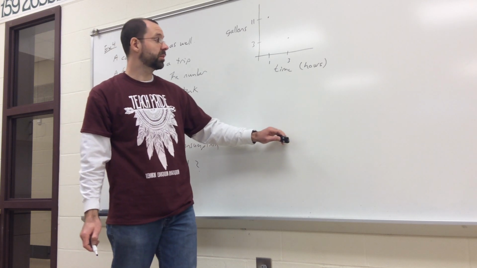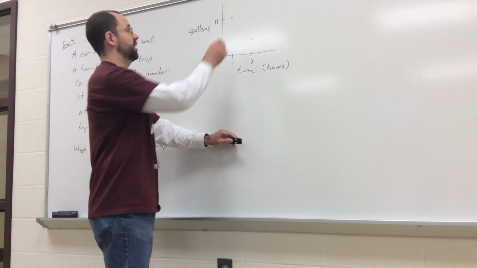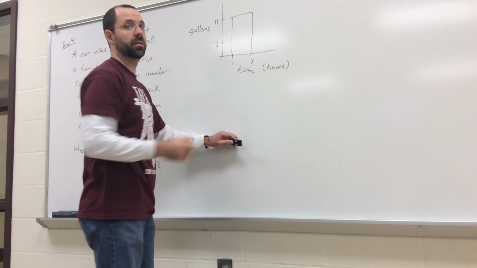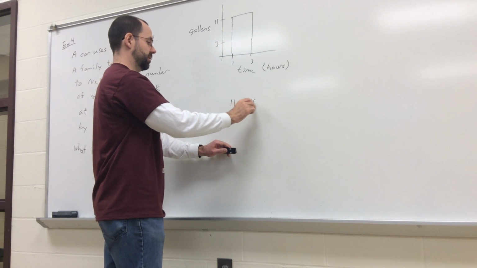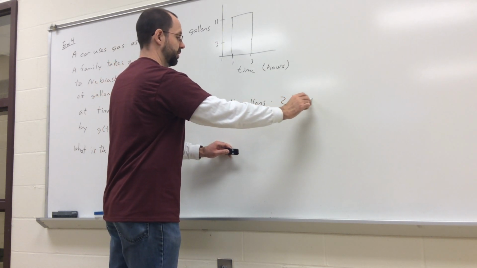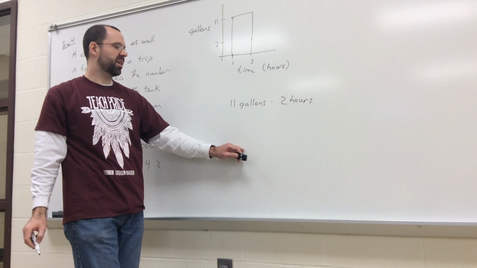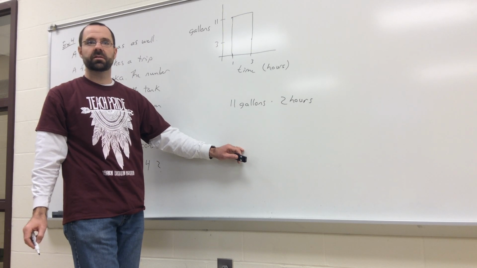Okay, so the point I'm trying to make here is that if you found the area here, if you took 11 gallons and multiplied by 2 hours, that would come out to 22 gallon hours, which doesn't make any sense in this context.